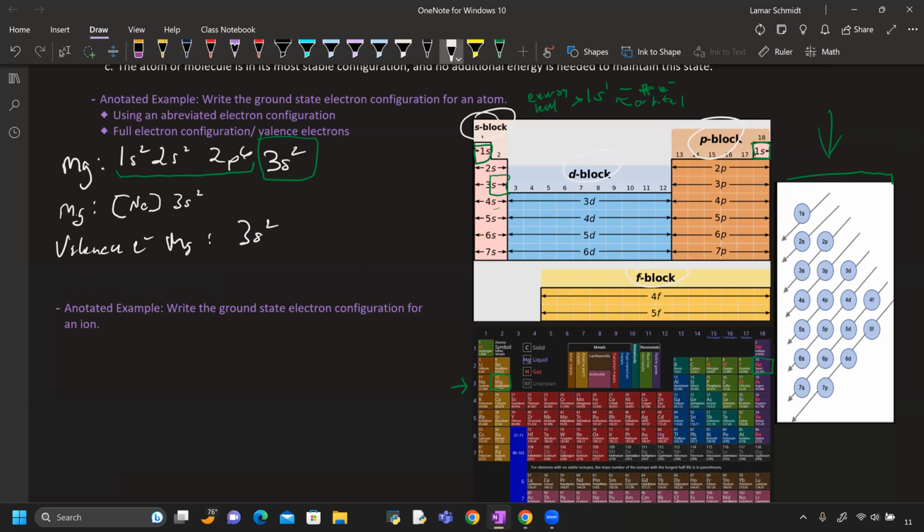And so that's the difference between your full configuration and an abbreviated configuration, which accounts for all the electrons in that atom, and the valence electron configuration, meaning you're only discussing those in the highest energy level, all right? Not all the electrons in the atom itself. Okay, so make sure you are able to do that.